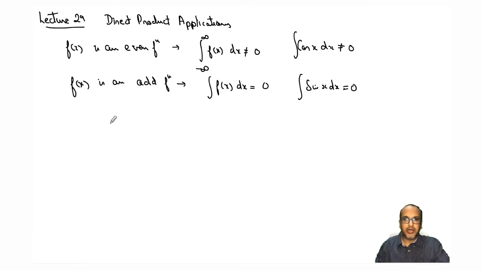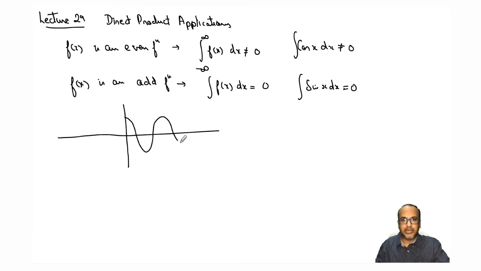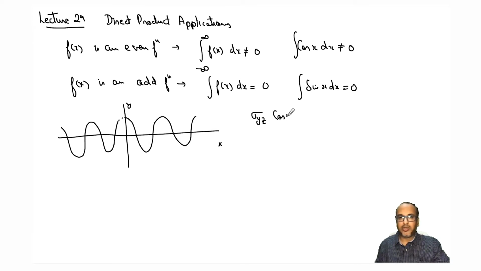So why is it so? Let's draw this function to understand it more clearly. If we draw the cosine function, it goes like this, and then on the other side, it goes like this. Assuming this is my x-axis and this is my y-axis, if I put a plane which is the YZ plane, sigma YZ, and operate sigma YZ onto cos x, I will get cos x, right?